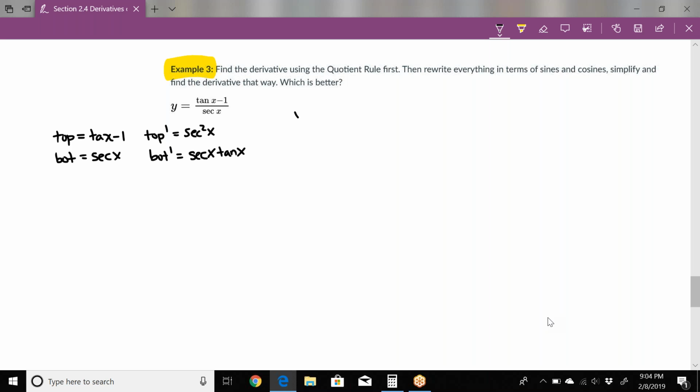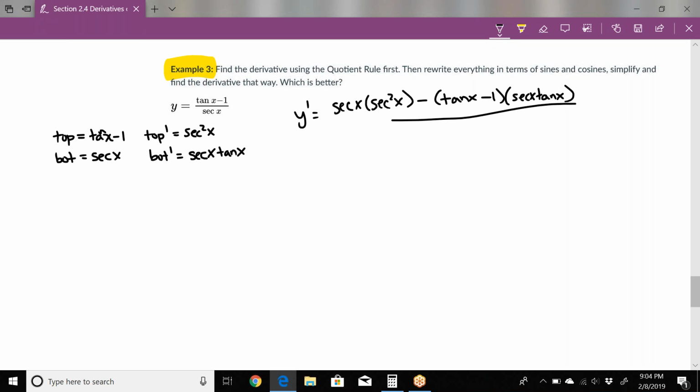So now if we use our formula, y prime would be the bottom times the derivative of the top minus the top. That's not supposed to say tax, it's supposed to say tan x, times the derivative of the bottom, all over the bottom squared.